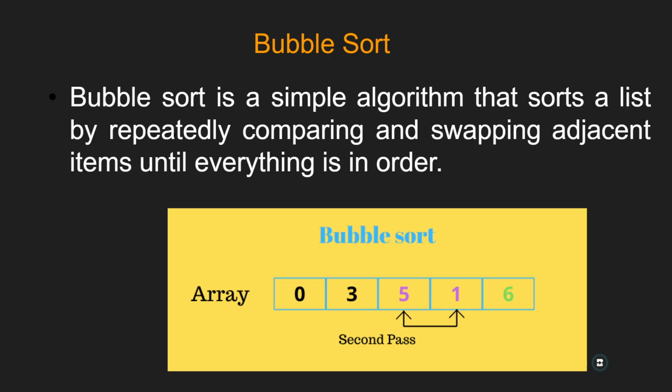If the values need to be swapped, it swaps them. If not, just leave it and go to the next pair. Again, compare the values. If a swap is needed, swap. If not, go to the next pair. It just keeps repeating this over and over, right?